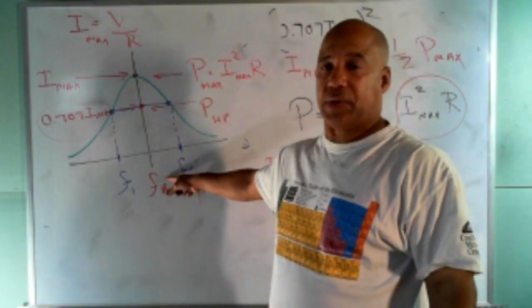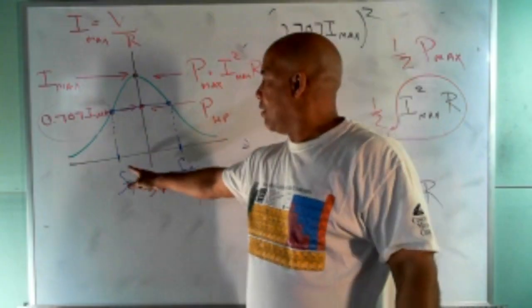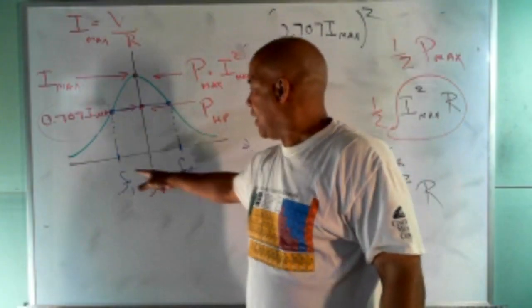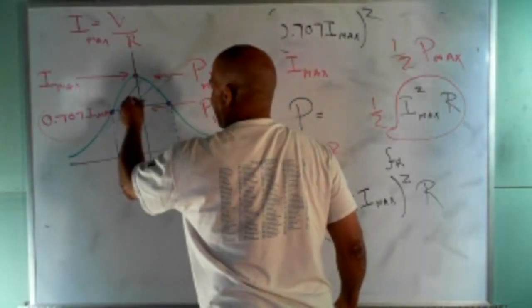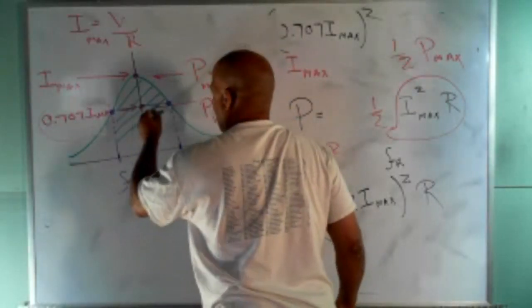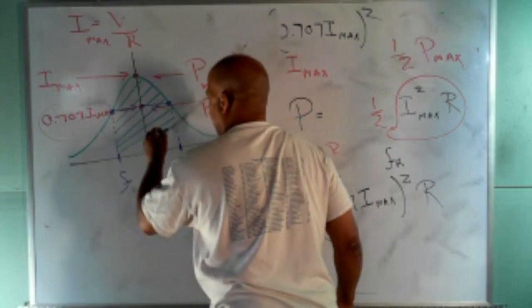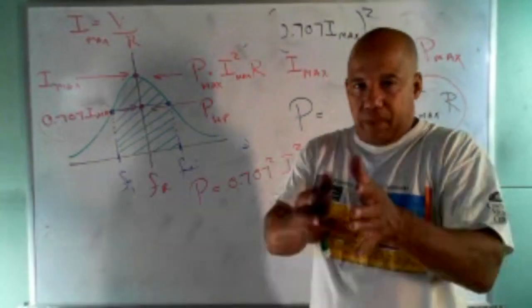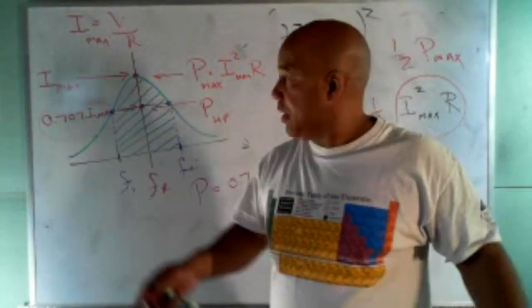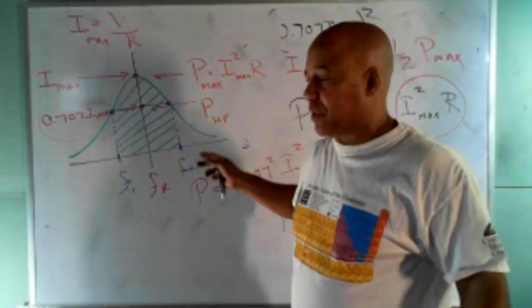What I've just defined now, we only dealt with one frequency, the resonant frequency. But now I can go down to F1, up to F2, and I've defined a whole range of frequencies in between here like this. A whole band of frequencies. So guess what they call that band of frequencies?